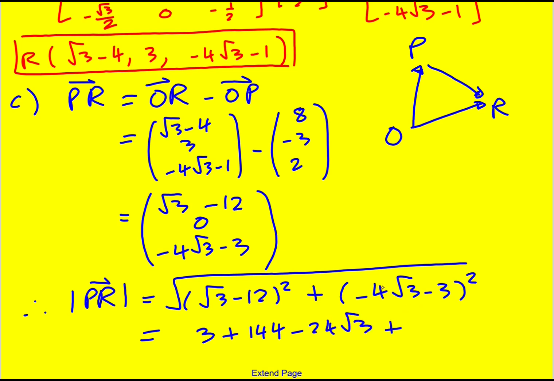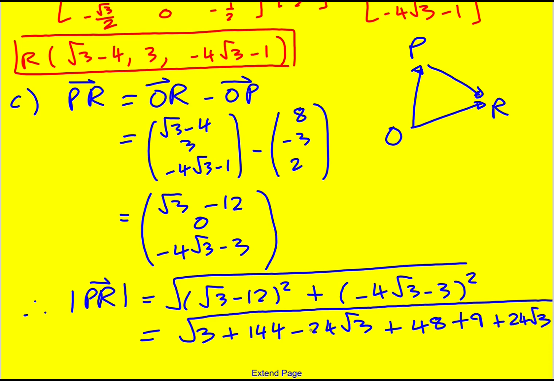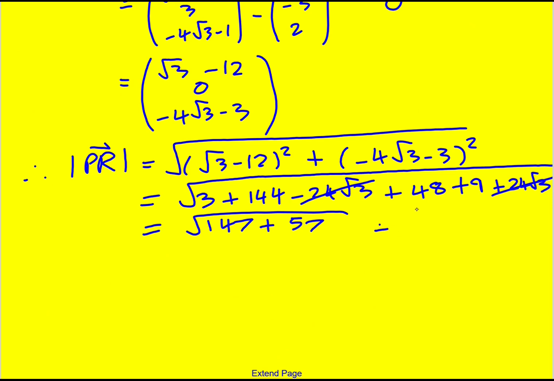And then plus 16 times 3, that's 48, plus 9. And then I'm going to get plus 24 root 3. So these cancel, which works out nicely. Then that gives a square root of 147 plus 57, which is the square root of 204, or simplified, 2 root 51.